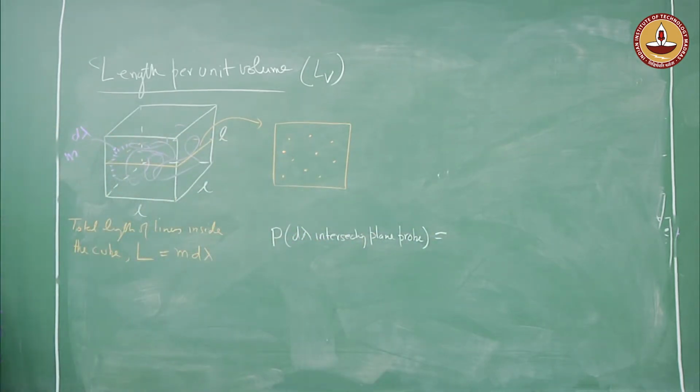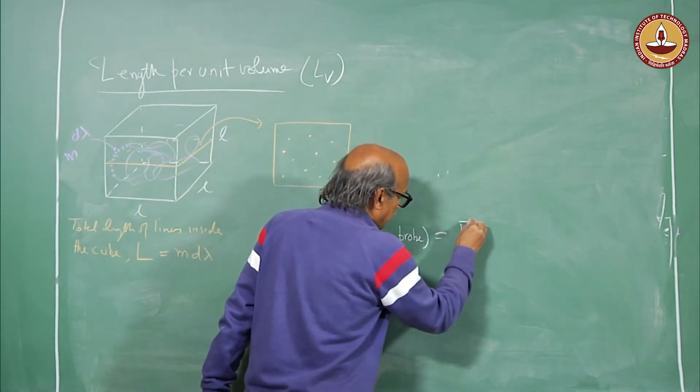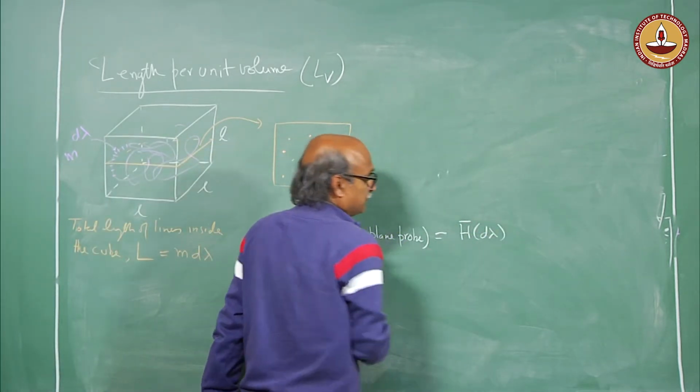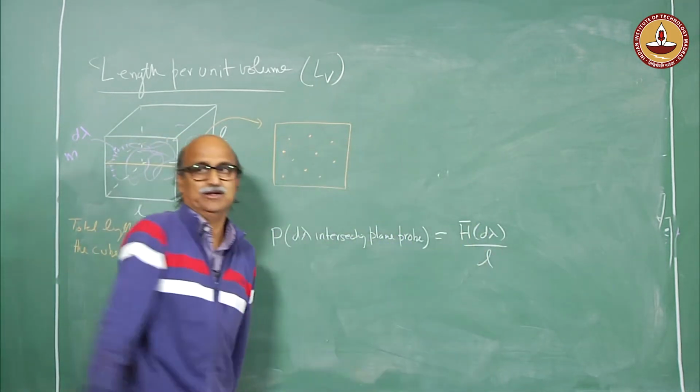It should be the mean tangent diameter of one d lambda element divided by L, simply.